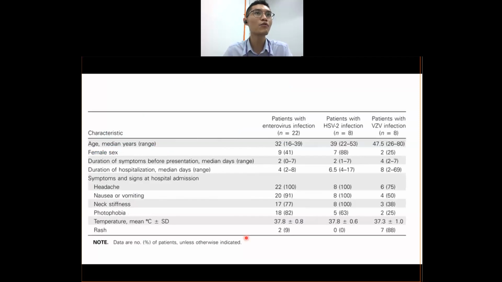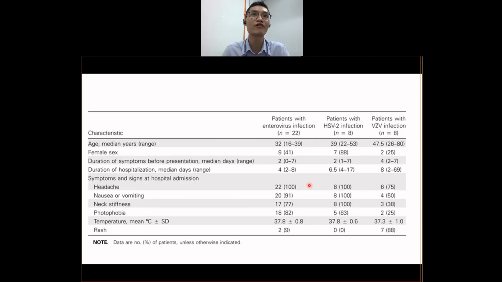So what about the symptoms? This slide wanted to show you the common symptoms that patients present with. As you can see, dominating the table, headache occurs almost 100% in patients with meningitis or encephalitis.